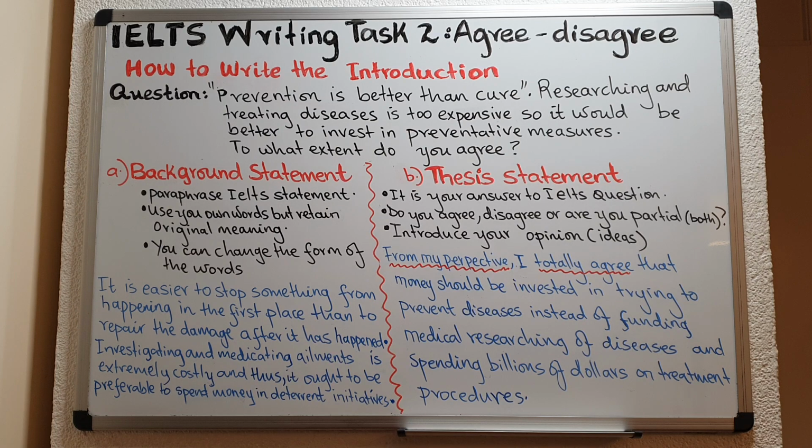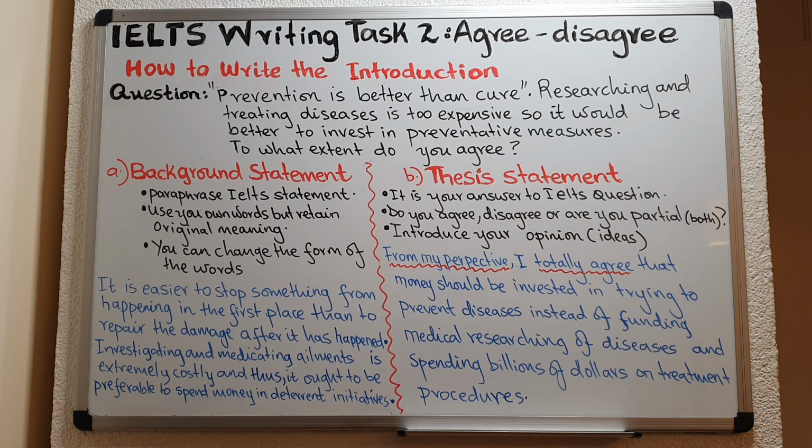If you're aiming for a band 8 or a band 9, you should write at least 300 words. Your task 2 is worth about 66% of your total writing marks.